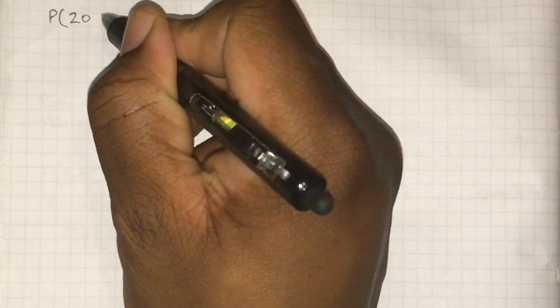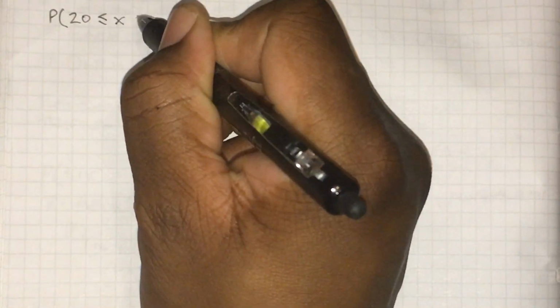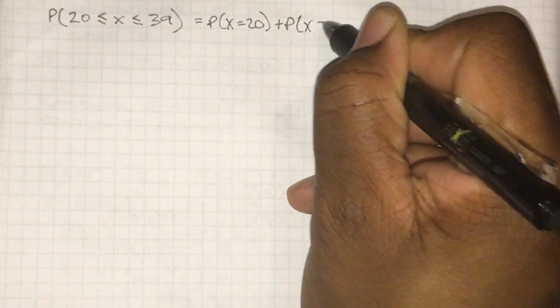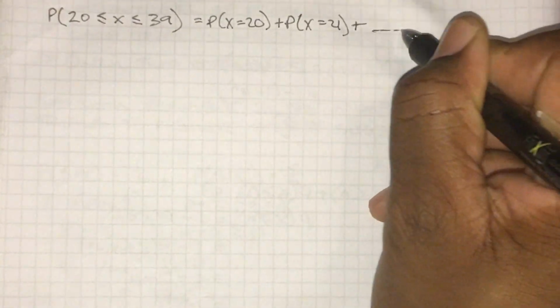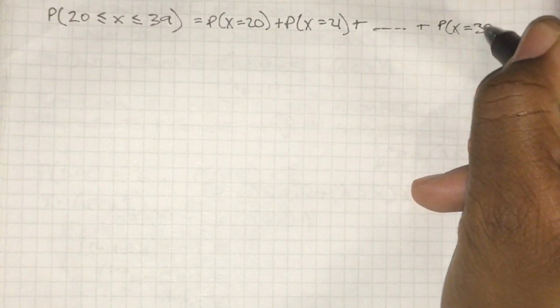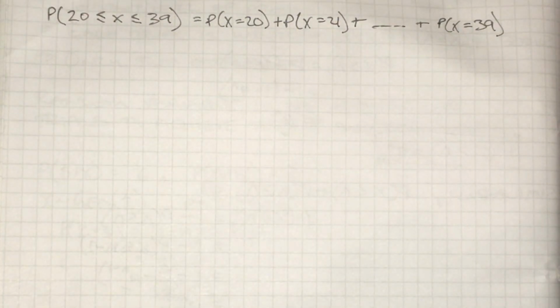Okay, so I do want to show you what happens with a double-sided inequality probability statement. So the probability that x is in between 2 specific values. Well, we should know that this is all of the individual probabilities from 20 to 21 and all the way up to 39. As we've always done, we should be able to do a subtraction of 2 cumulative probabilities.